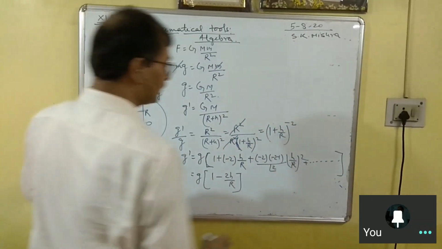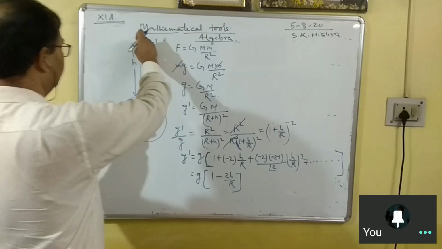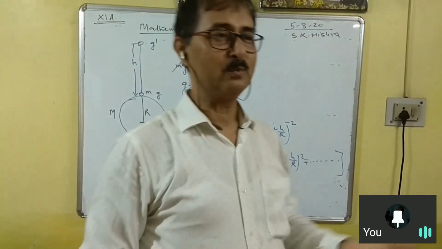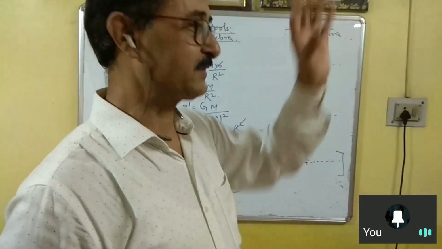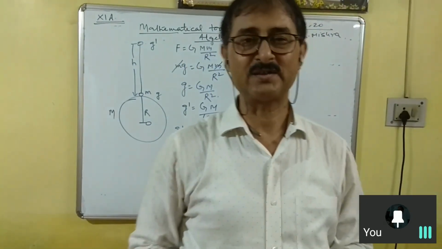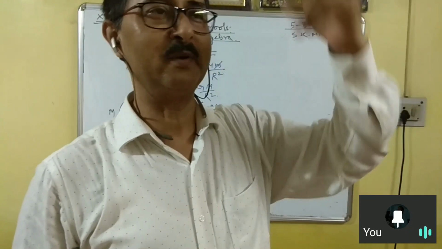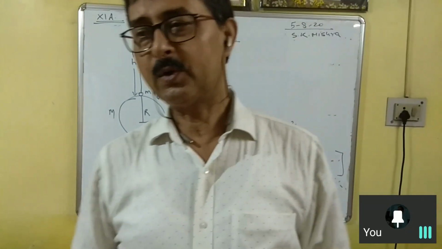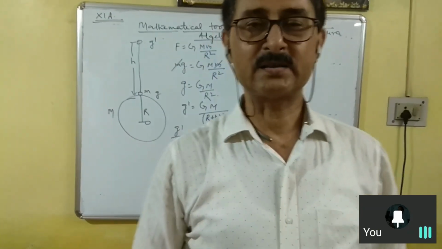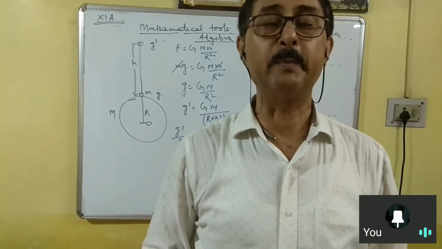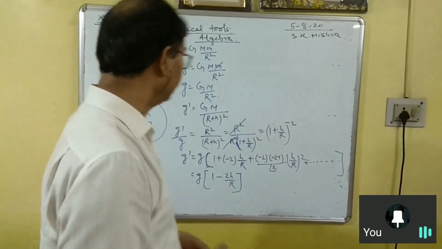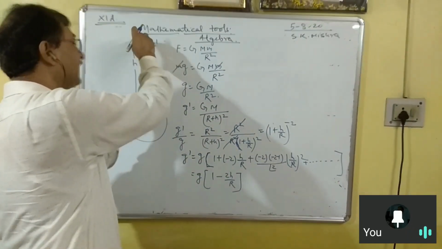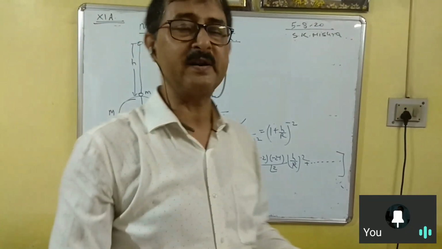Why? Since h is smaller than r. Suppose you are moving from the surface of the earth in a vertically upward direction, say by a distance of 200 meter, 500 meter, or maybe 1-2 kilometer. If you remember the radius of earth, which is 6400 kilometer, in comparison to 6400 kilometer, this height of 1 kilometer, 2 kilometer is very, very small.